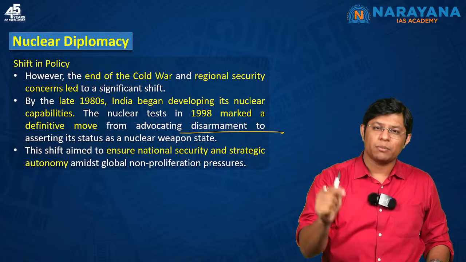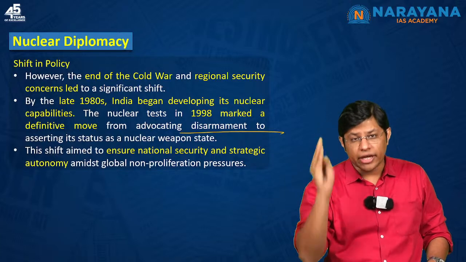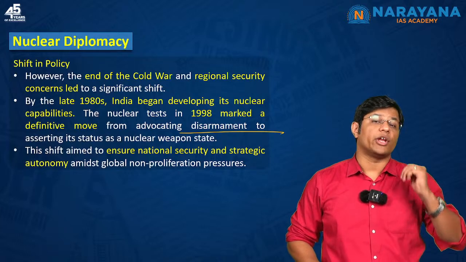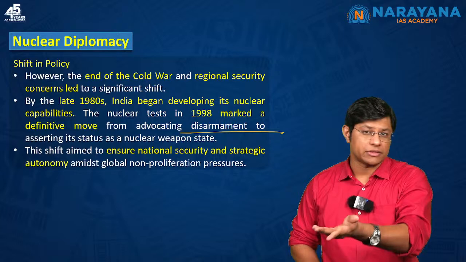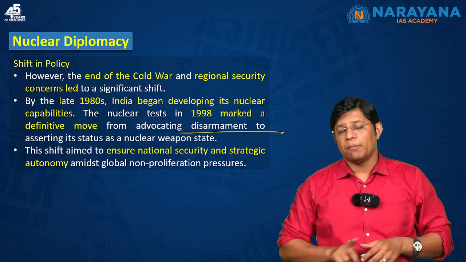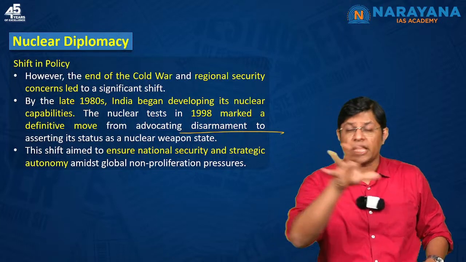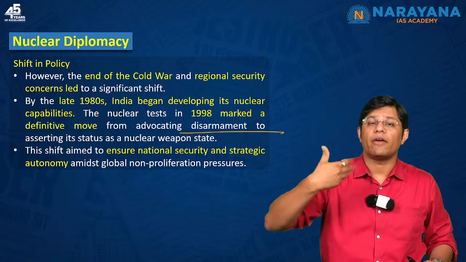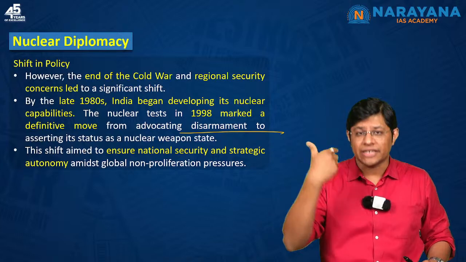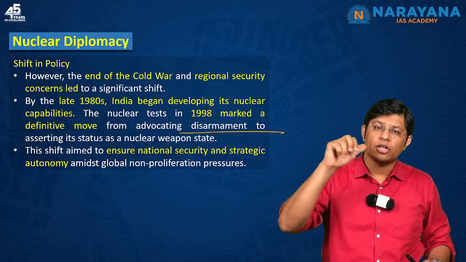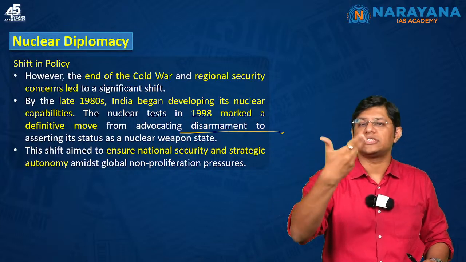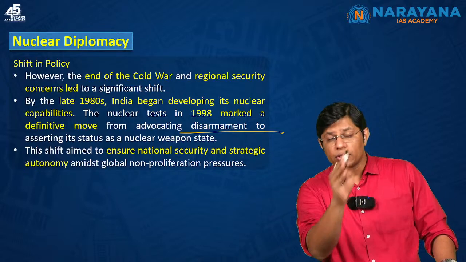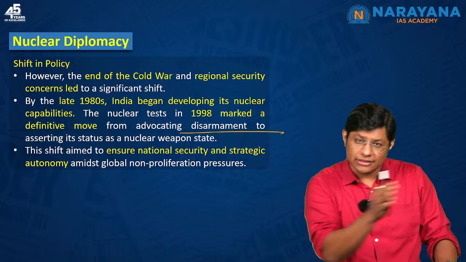At the same time, India advocated for strategic autonomy. Why? We were forced to make nuclear weapons. It was not India's choice, but the way the international order was behaving or changing actually pushed India to secure our own national security, and we simply cannot rely on any foreign power to secure our border. Simple. This is how our nuclear diplomacy saw a transition.